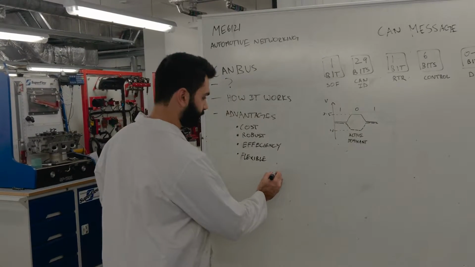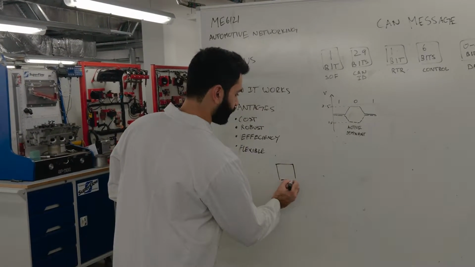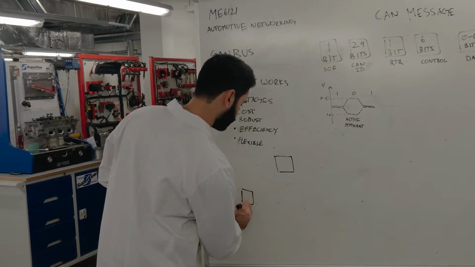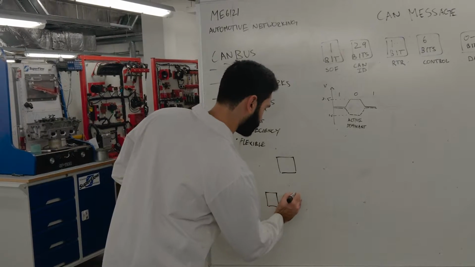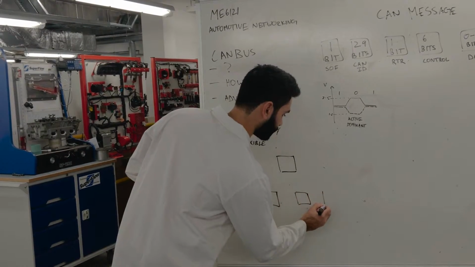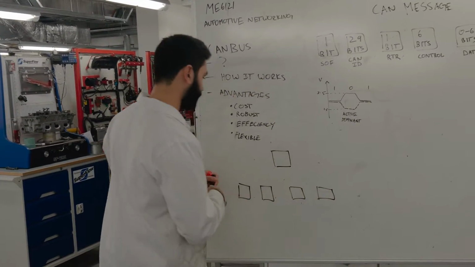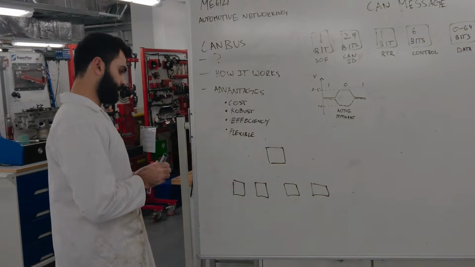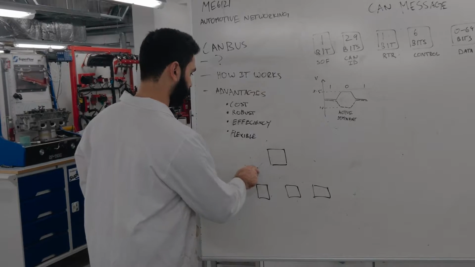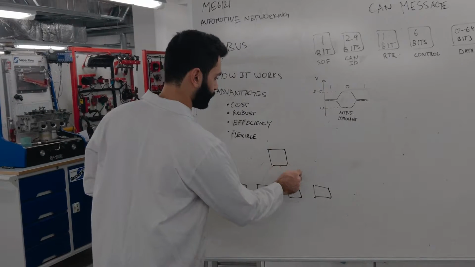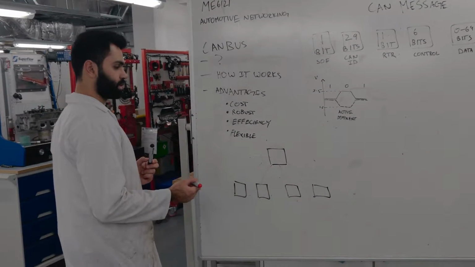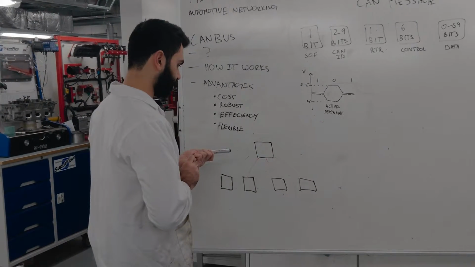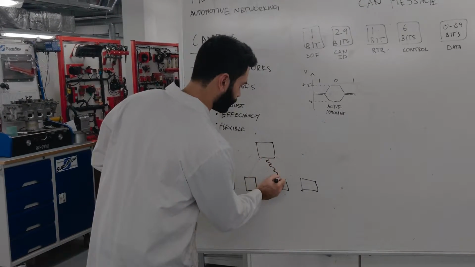So where the CAN bus steps in is you basically have output from one single source, and rather than signals going individually from subsystem to subsystem, the signals go to all different subsystems, and whichever is necessary is picked up by the relevant unit.